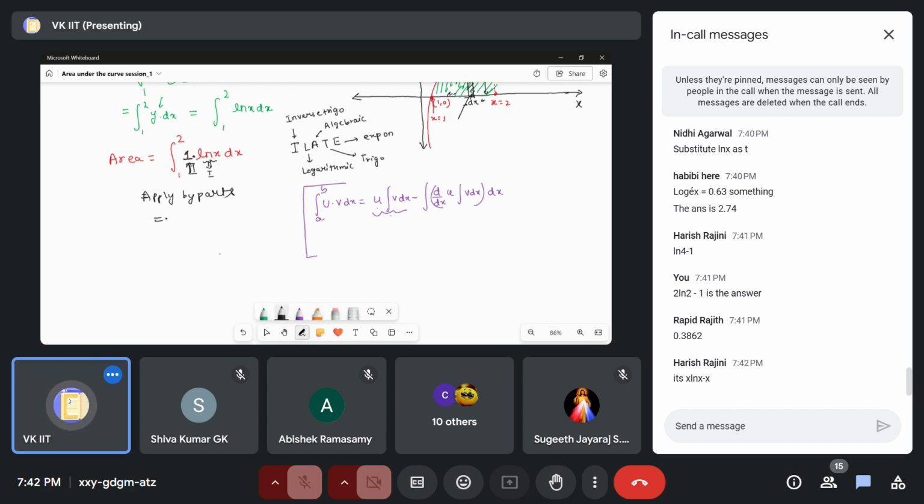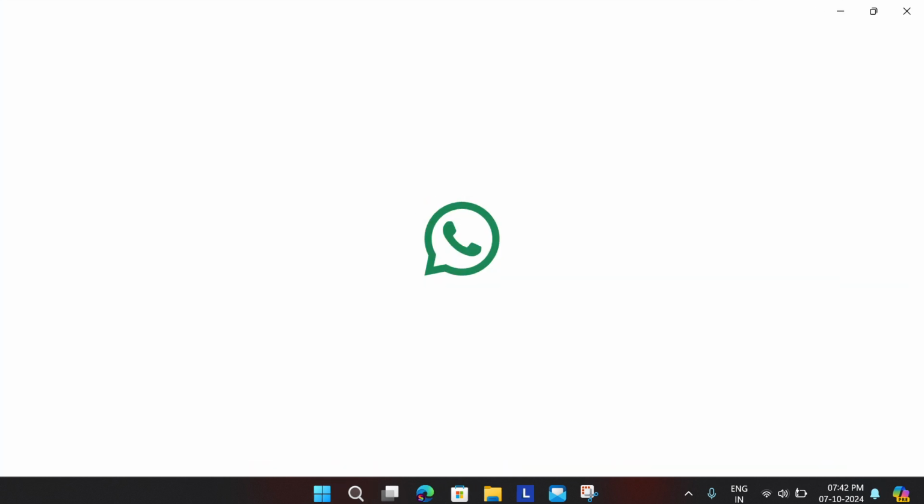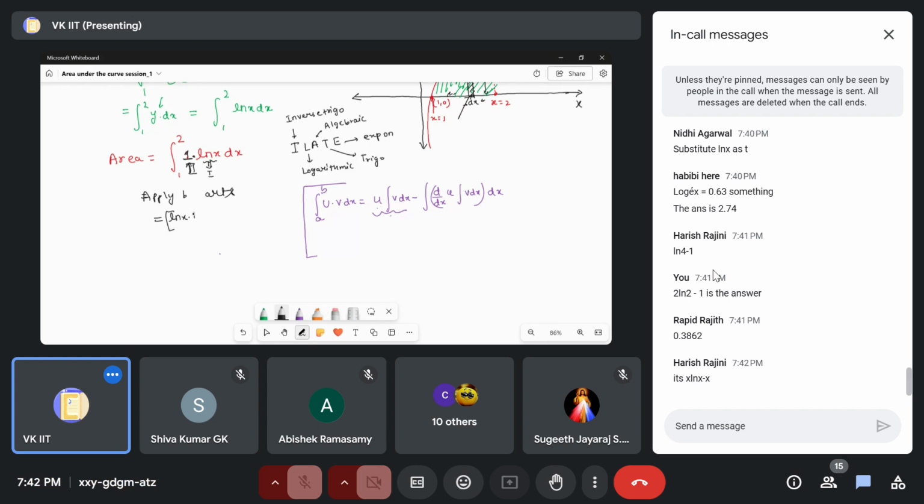So let's apply here. First as it is, it means ln x remains as it is into integration of 1, and the limit will be from 1 to 2. Actually this limit will be applied to both the parts. So the integration of the first will be nothing but x only, second will be x only, and this will be limit from 1 to 2.